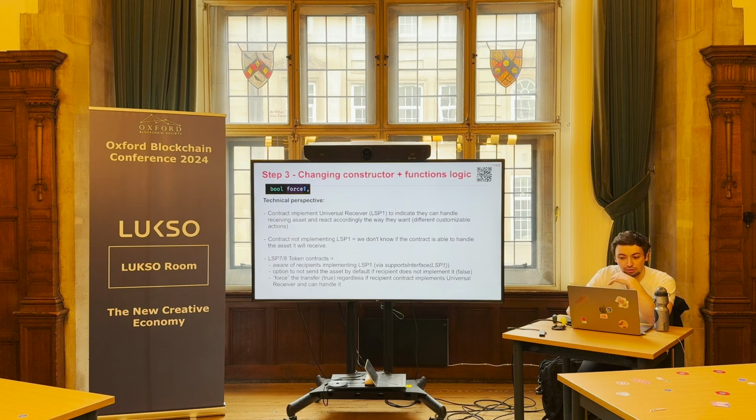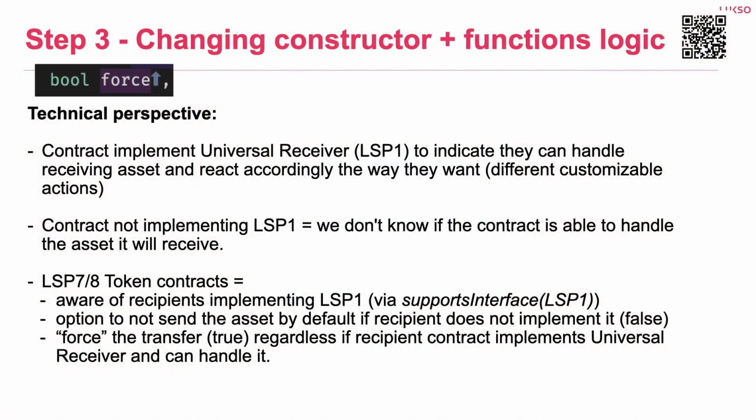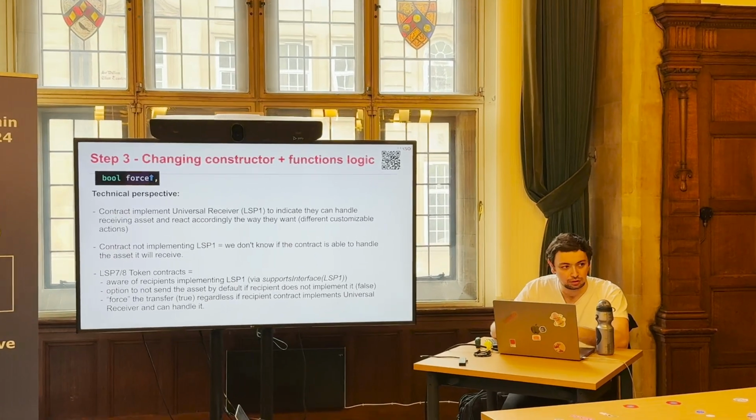And basically the way a LUKSO contract can handle assets is by implementing what we call a universal receiver, meaning that they can customize the way they hold the assets, whether they want to accept them or reject them. And LSP7 and 8 are by default aware of that.